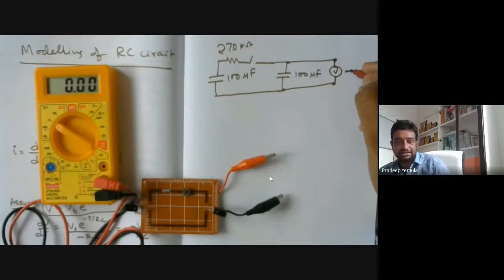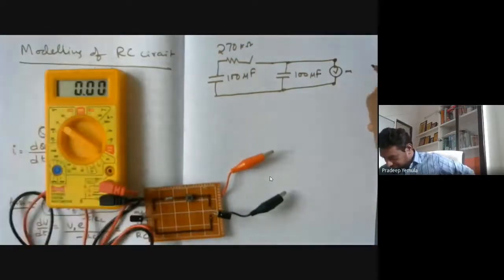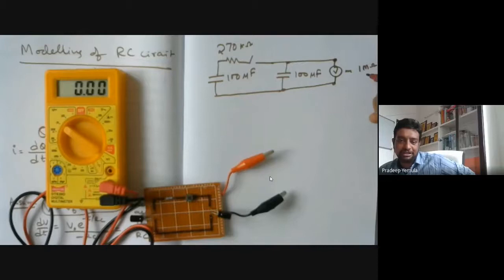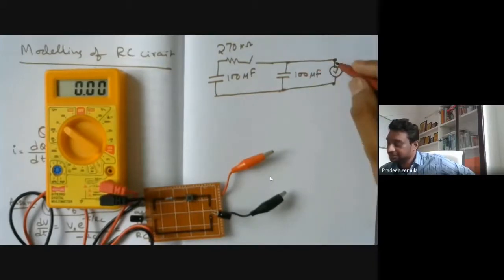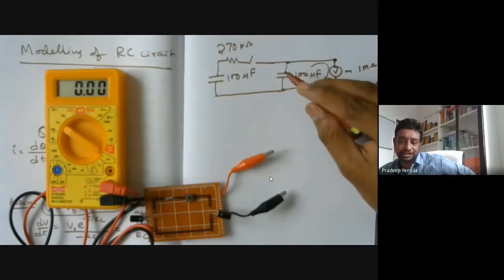The internal resistance of this voltmeter, which is just a 200 rupees voltmeter, is 1 mega ohm. Because of this 1 mega ohm internal resistance, it will consume some current, and current will flow like this through the meter, and the capacitor will keep on getting discharged.